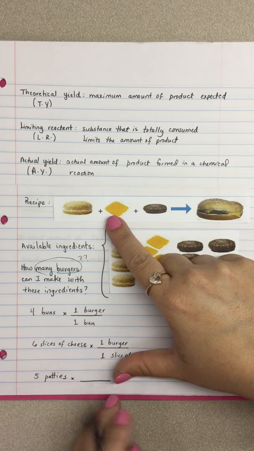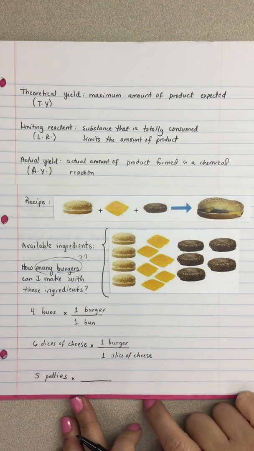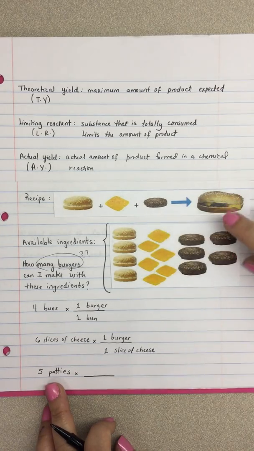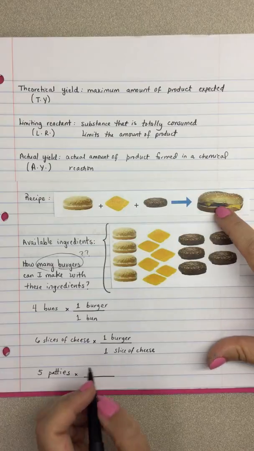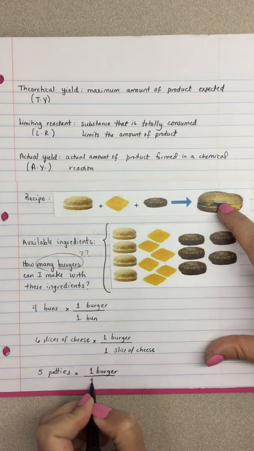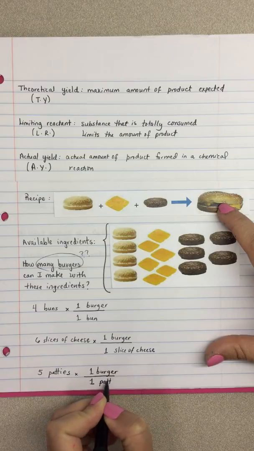And the last one, or the third ingredient or reactant that I have here, is my burger patty. So for every burger, I need 1 patty.